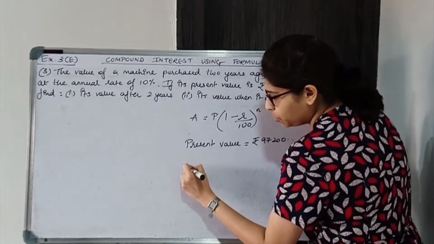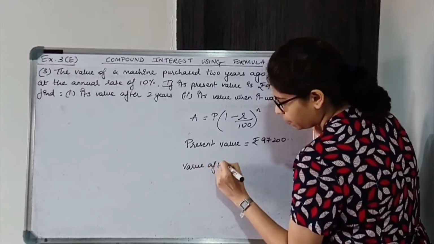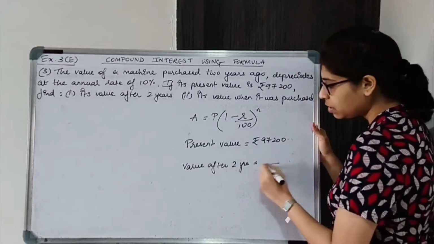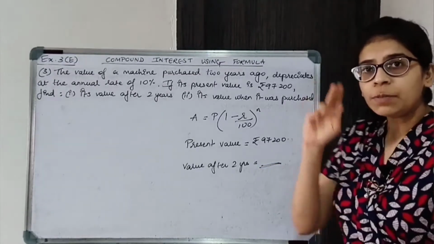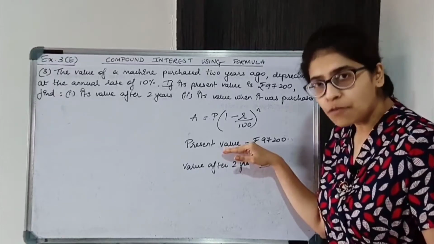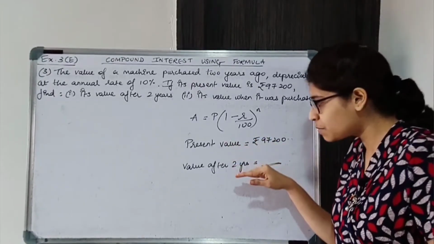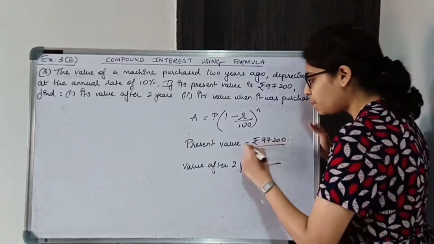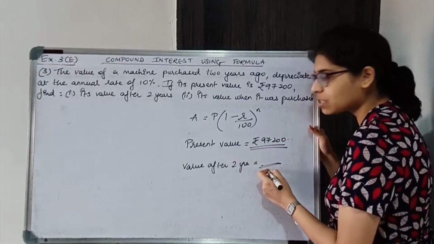So the value after 2 years, this we need to find. Which one will be principal, which one will be amount? The one that comes before is principal, the one that comes after is amount. Okay, so this is principal and this is amount.